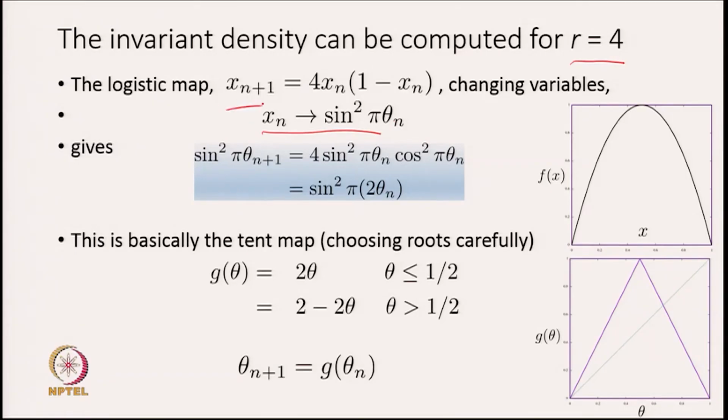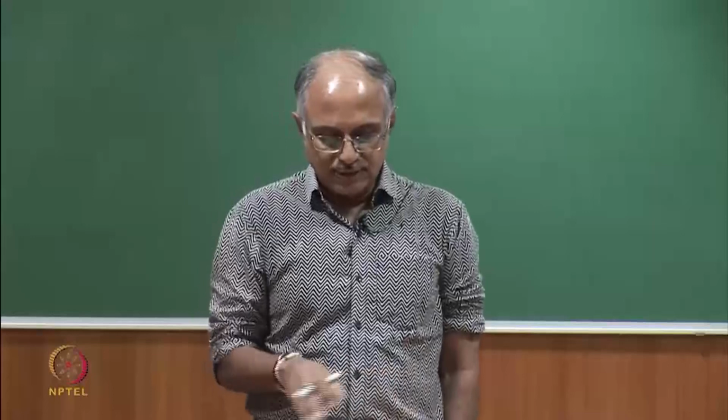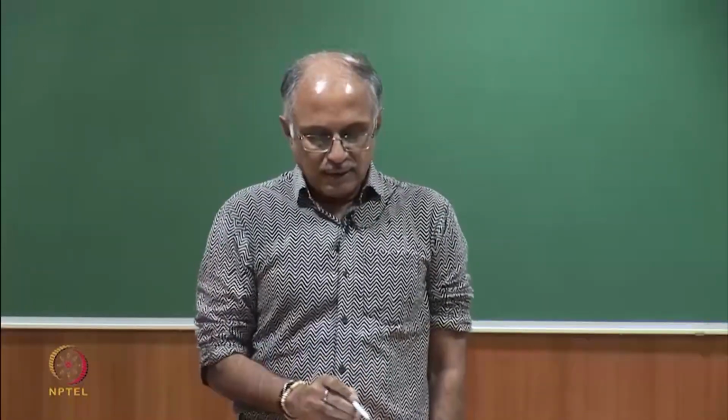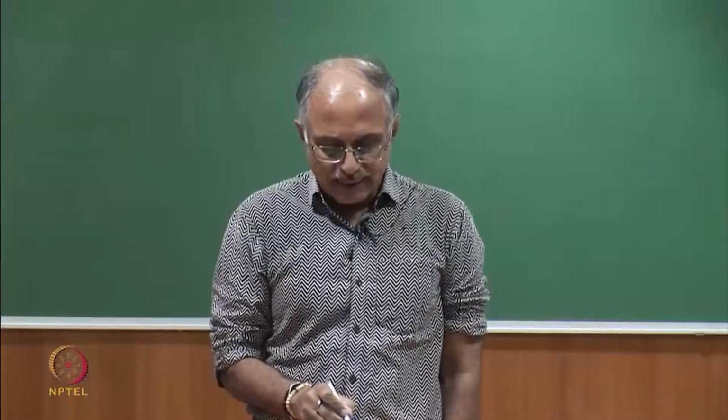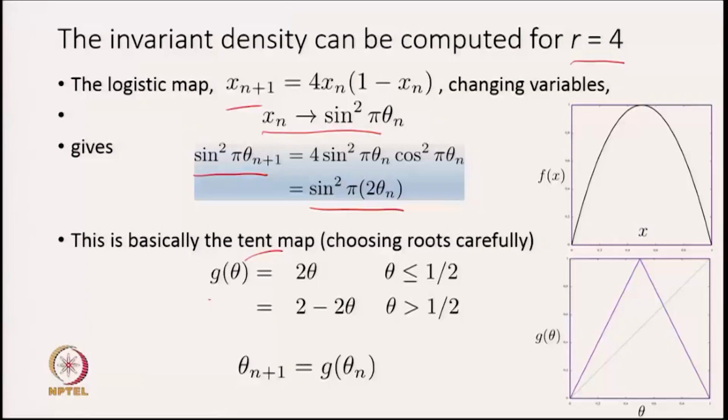And this equation just becomes sine squared of pi theta n plus 1 on one side, and on this side it becomes sine squared of pi times 2 theta n. So just analyzing this particular equation, looking at the roots of these various sines and so on, you note that this is basically the tent map, namely g of theta is 2 times theta for theta less than a half, and 2 minus 2 theta for theta greater than a half.